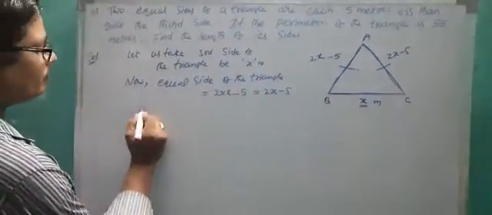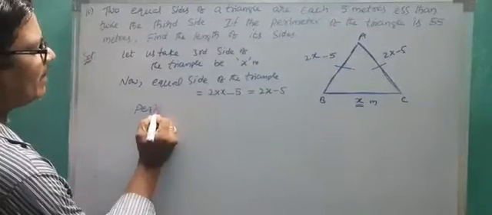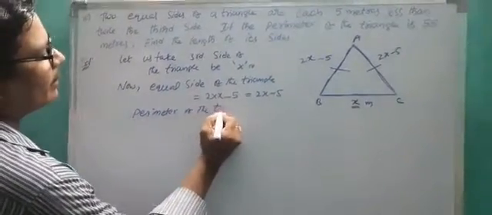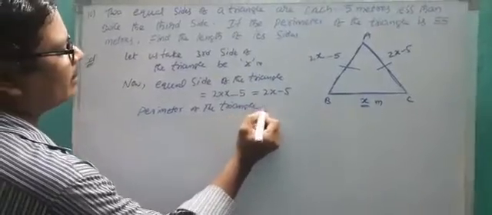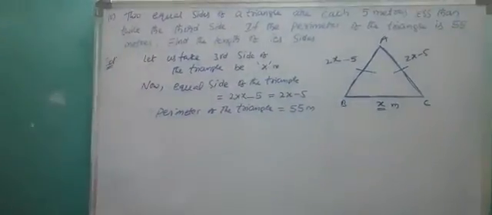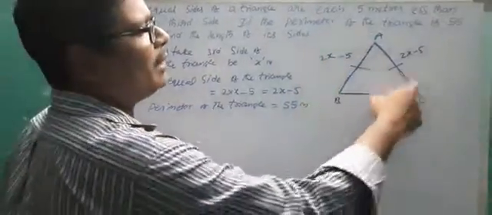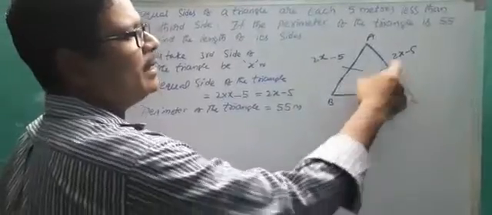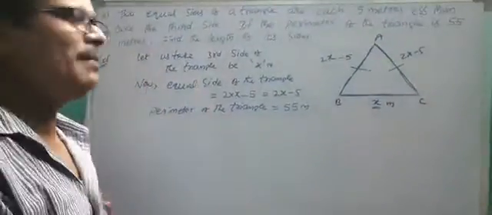So the perimeter of the triangle is equal to 55 meters. What is the perimeter? The total length of the boundary is called the perimeter.